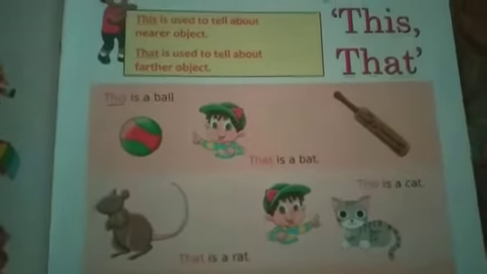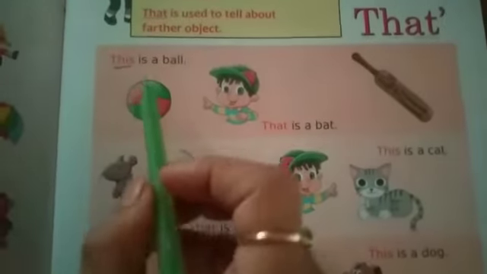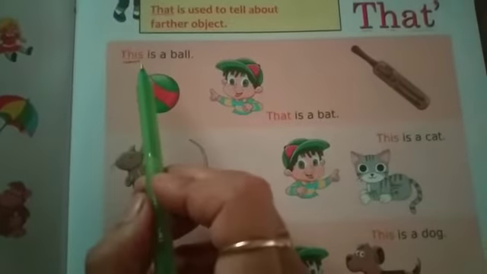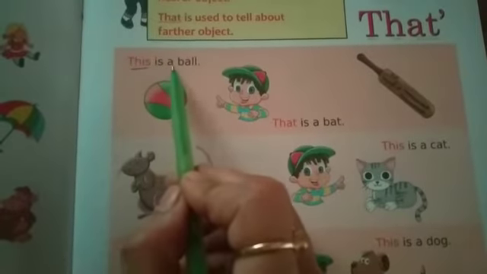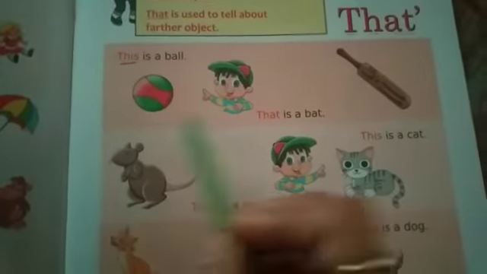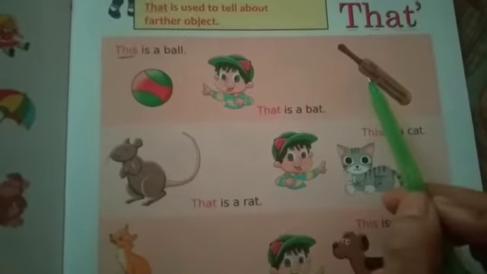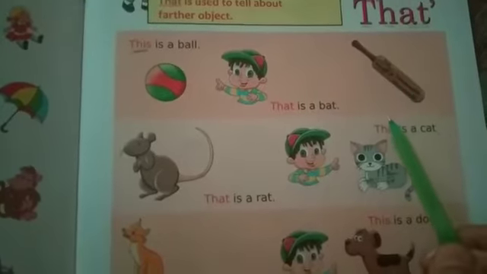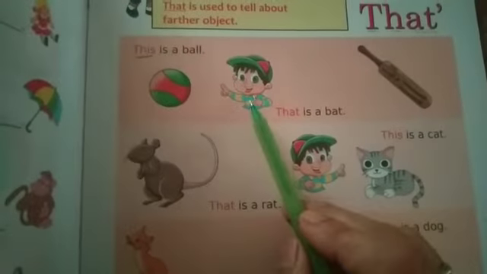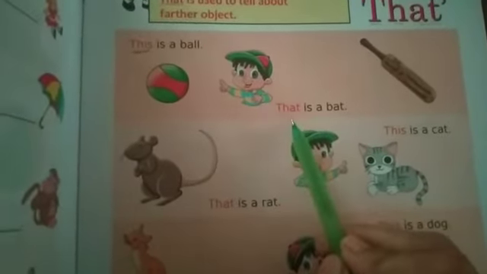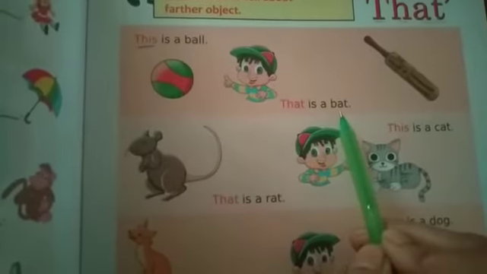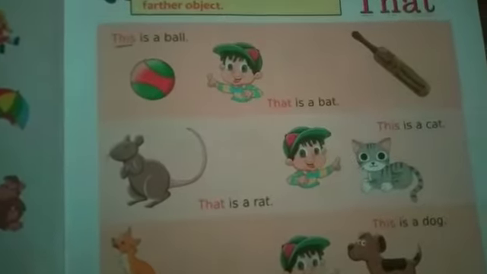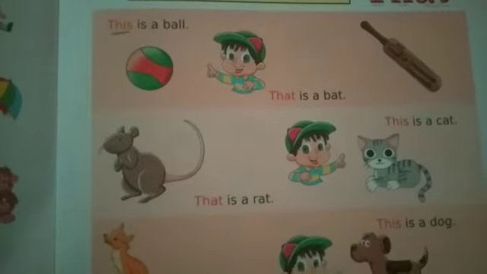This is a ball. And that is a bat. बैट इससे बहुत दूर है. So, the boy says, that is a bat.